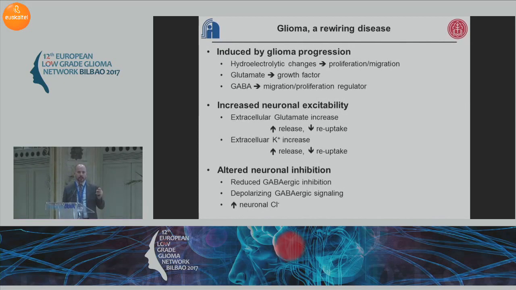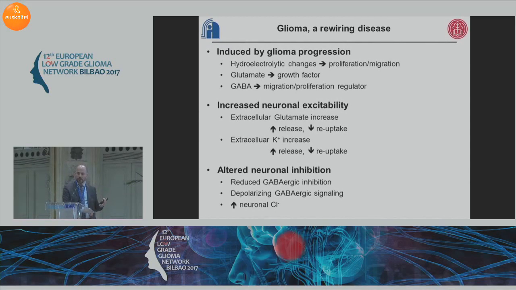Glutamate acts as a growth factor for glioma cells, so the glioma has to promote glutamate, and GABA acts as a regulative factor of migration and proliferation of glioma cells, so it has to be turned down.